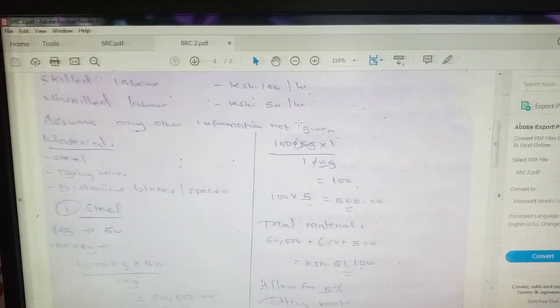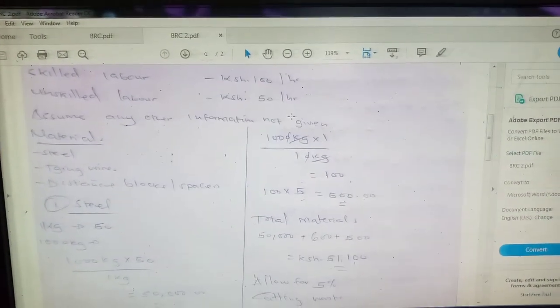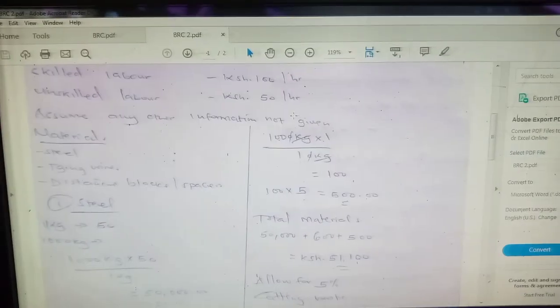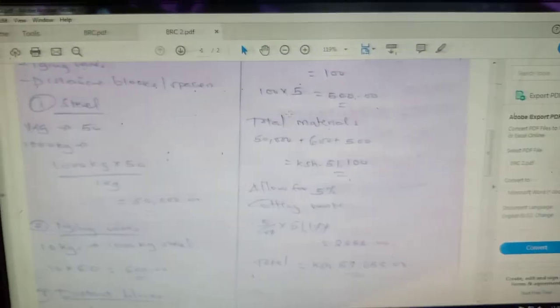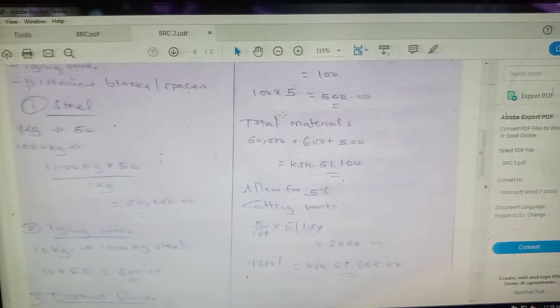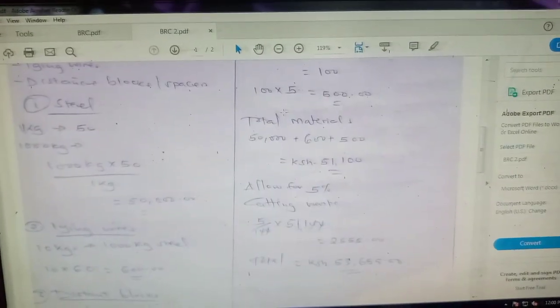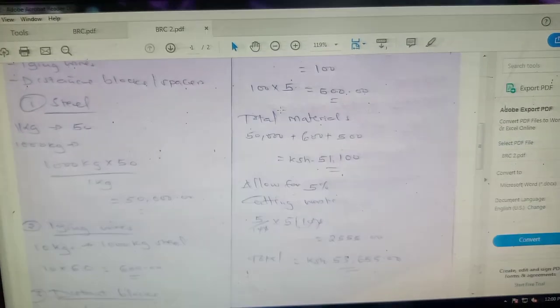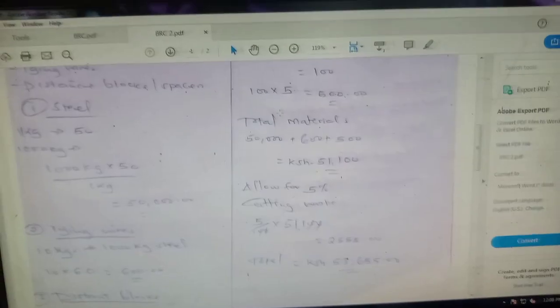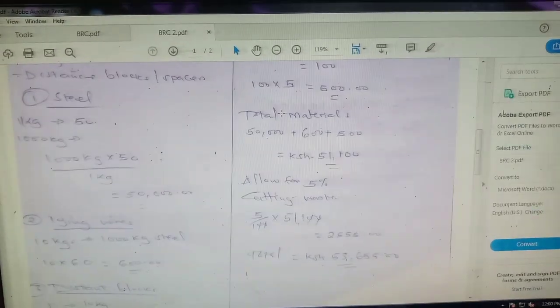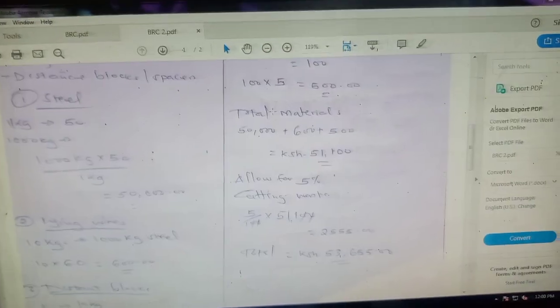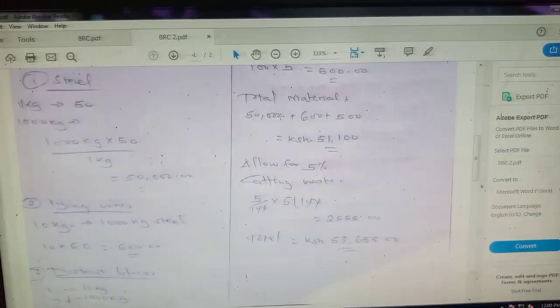Then you multiply it by the cost of a distant block, which was 5 shillings, you will get 500 shillings. Then that is the end of materials. The totals for materials are 50,000 for steel, 600 for tying wires, then 500 for distant blocks. Distant blocks are also known as spacer blocks. Then the total will be 51,100 shillings.